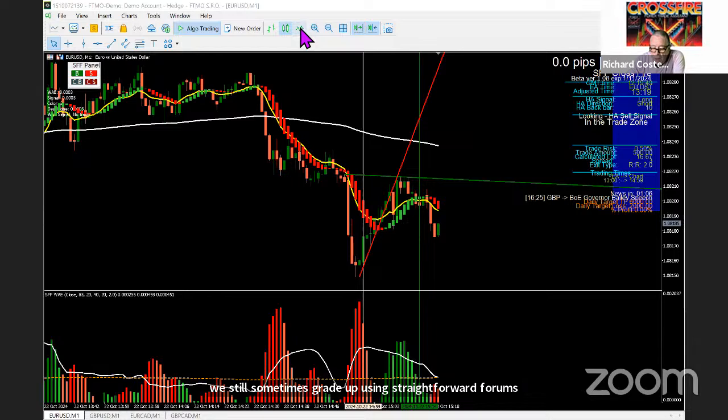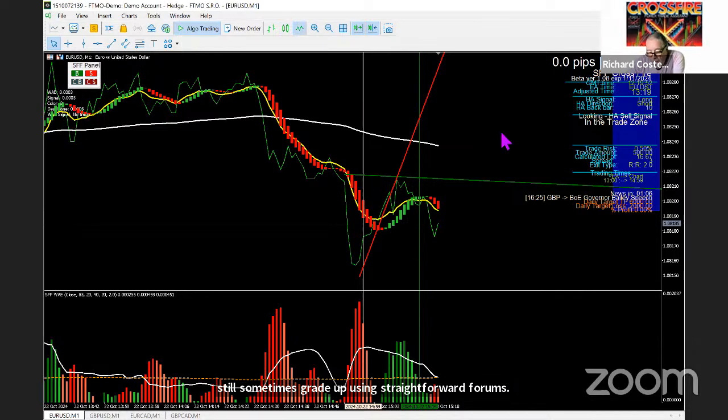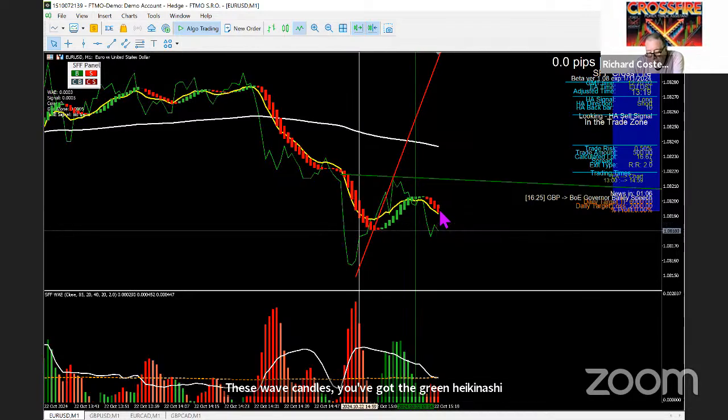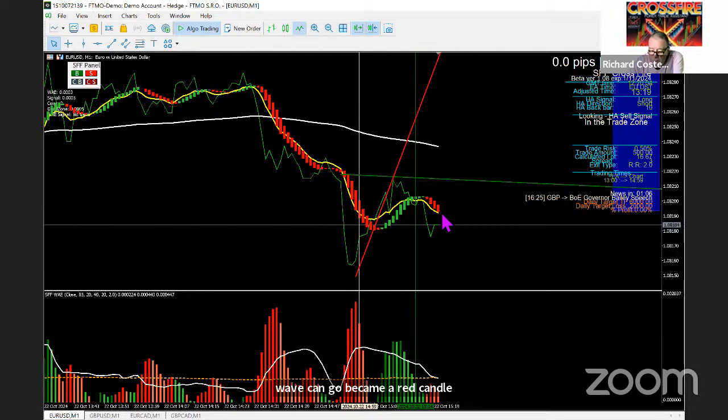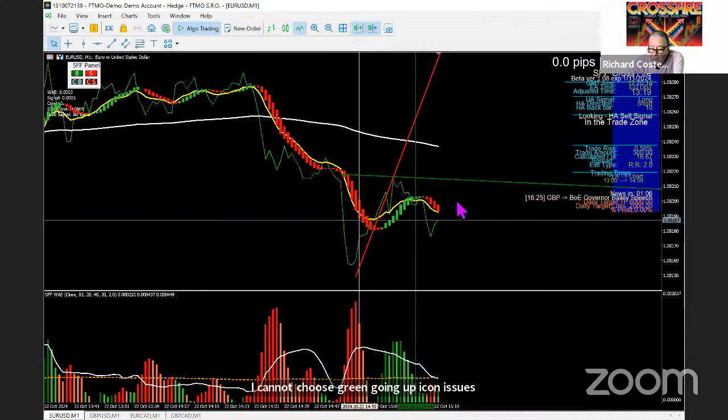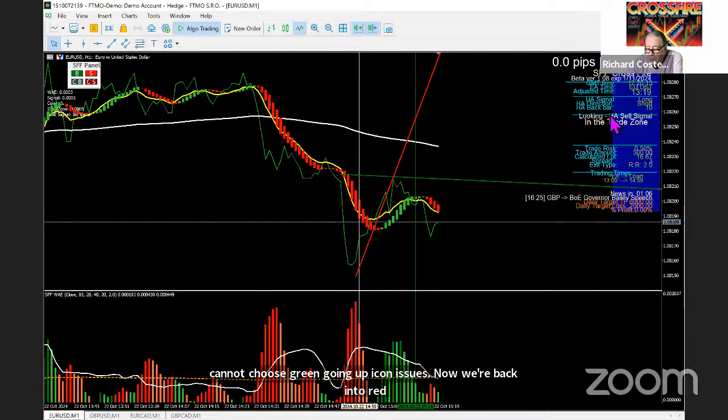If I make the candles into a line, these wave candles, you've got the green Heikin-Ashi wave candle, became a red candle, a red downward facing trend. So we were red going down Heikin-Ashis, green going up Heikin-Ashis. Now we're back into red. So that's confirming that we're looking for a sell.